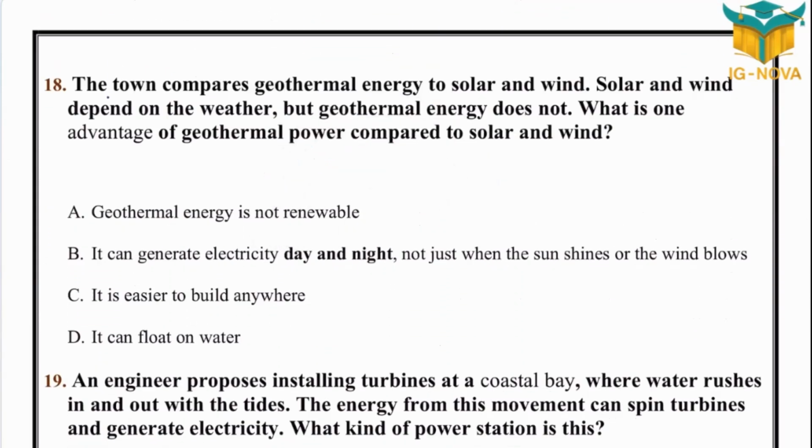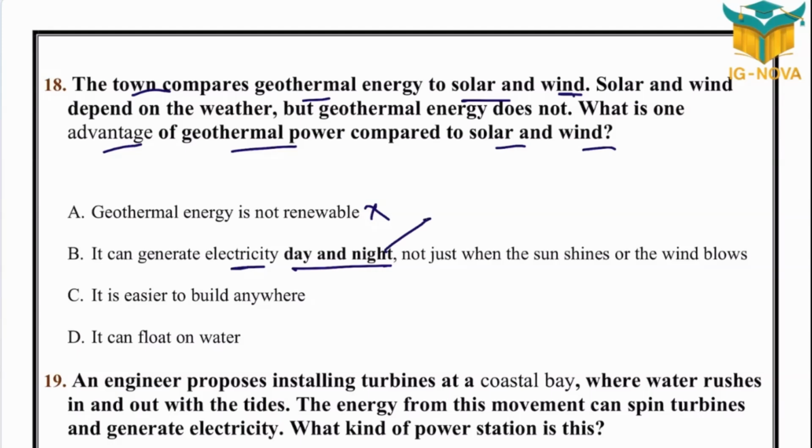Question 18. The town compares geothermal energy to solar and wind. Solar and wind depend on the weather, but geothermal energy does not. What is one advantage of geothermal power compared to solar and wind? Geothermal energy is not renewable. No, geothermal energy is one of the renewable resources. B. It can generate electricity day and night.